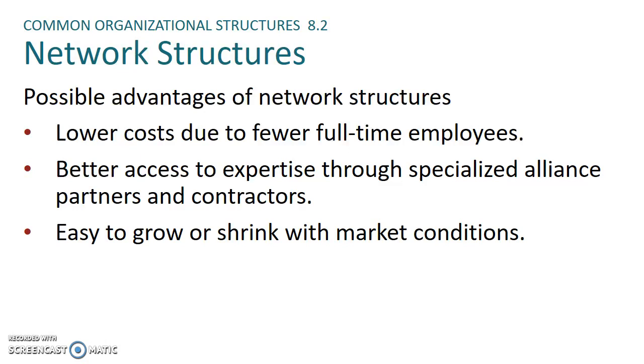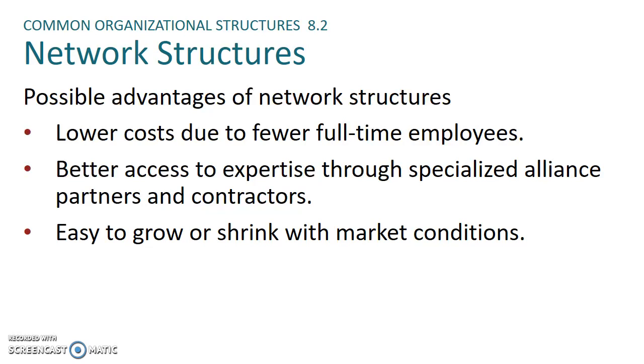So you would have that core group of full-time employees, and then you could shrink or grow those partners and contractors that are linked through your IT network to use in your network structure. So that's your first big takeaway in Chapter 8.